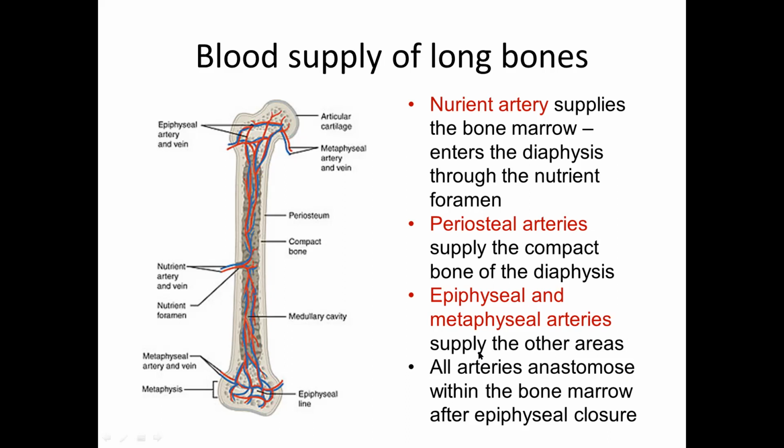Then you have the epiphyseal and the metaphyseal arteries. The metaphysis is actually the area between the epiphysis and the diaphysis, and they supply each of these areas. All these arteries come and anastomose within the bone marrow after epiphyseal closure, and then they supply the whole of the long bone.